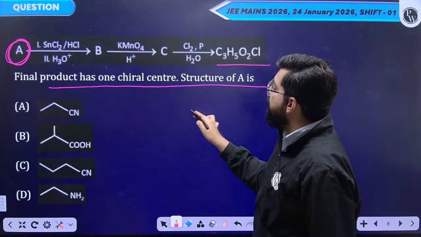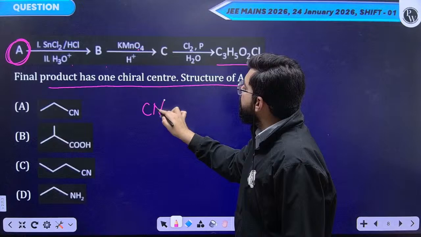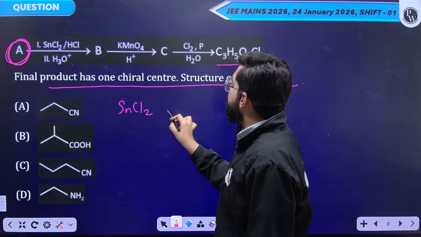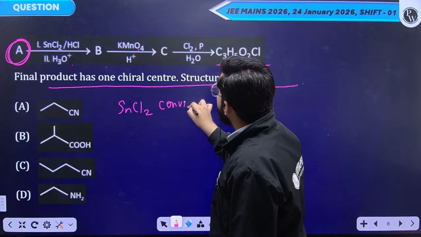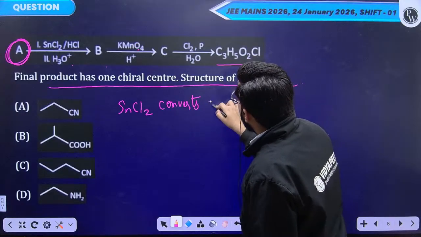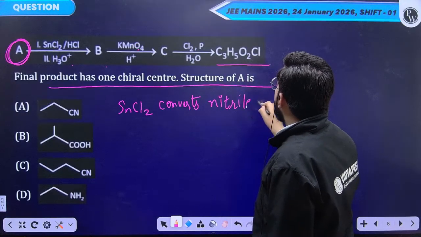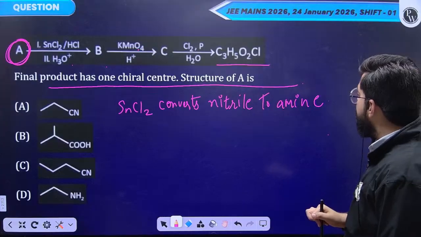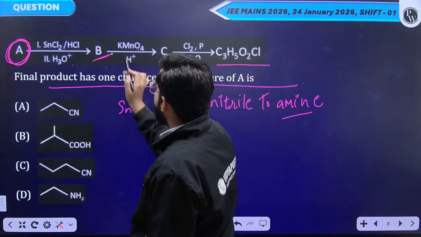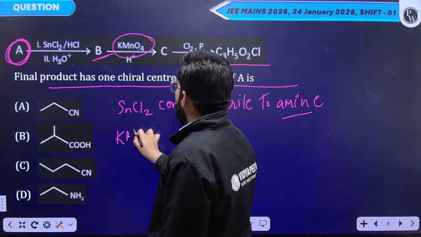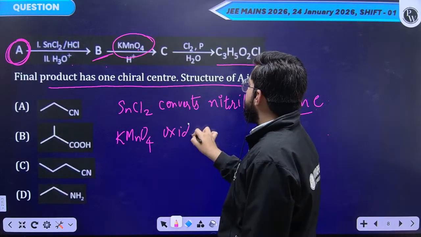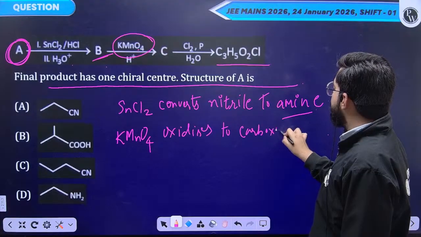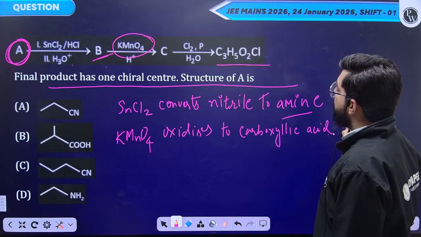A part will be nothing but CN. Why? Because we can say that in step 1, SnCl2 converts nitrile to amine. Then after that, B is KMnO4. KMnO4 oxidizes amine to carboxylic acid.